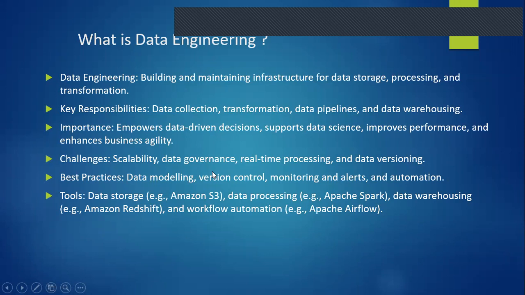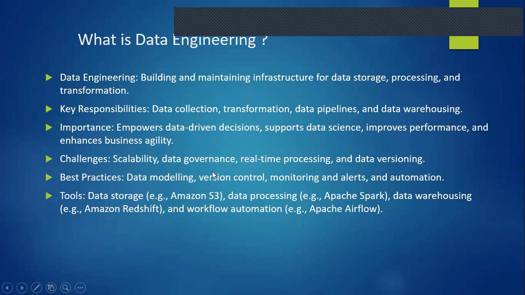A data engineer builds powerful, scalable solutions that can handle petabytes and terabytes of data processed in real time, and we can generate more meaningful information out of it.